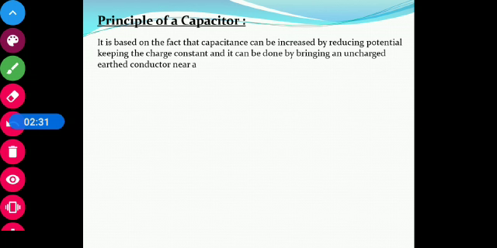Now, principle of a capacitor. It is based on the fact that capacitance can be increased by reducing potential, keeping the charge constant, and it can be done by bringing an uncharged earthed conductor near a charged conductor.